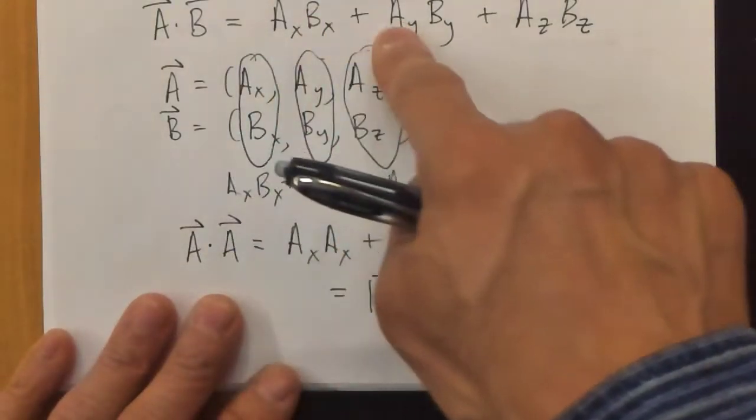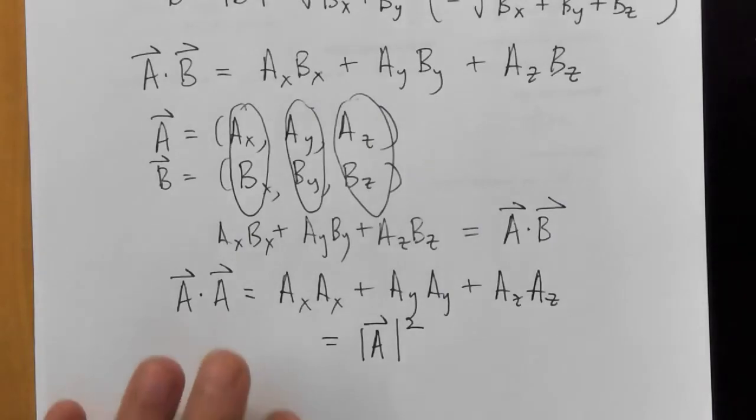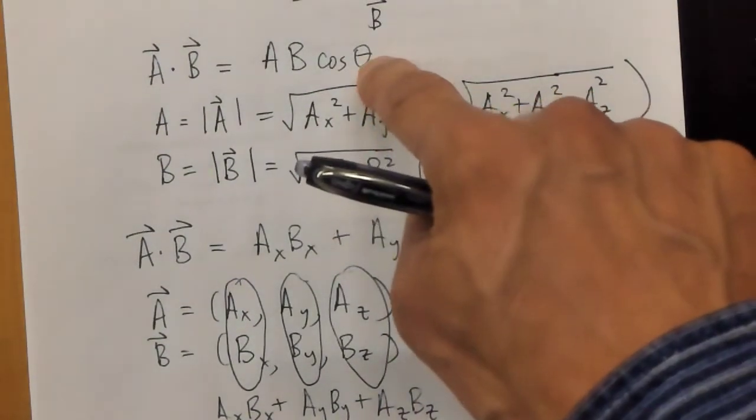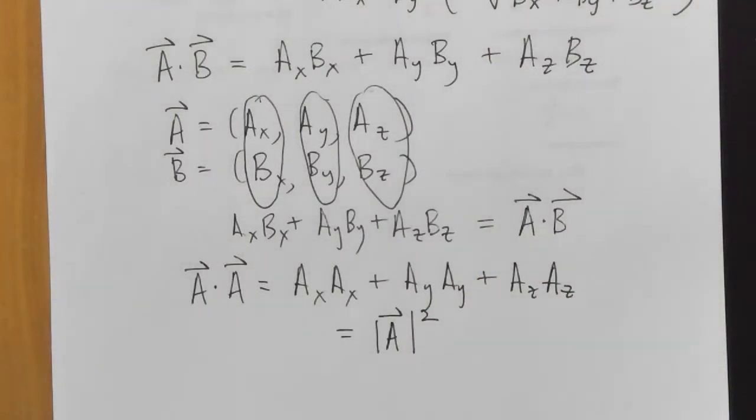Now, the fact that you have two different ways of calculating the dot product means that you can go between the two formulas. You can calculate it one way, you can calculate it the other way, and this is very often a very fast way to get the angle between two vectors. We'll do a quicker example towards the end of class, but if I gave you the components of some vector over here, components of another vector over here, and asked what is the angle between them, if you're like me, it's hard to picture 1, 2, minus 3, and 3, 1, 4 and get the angle between them.